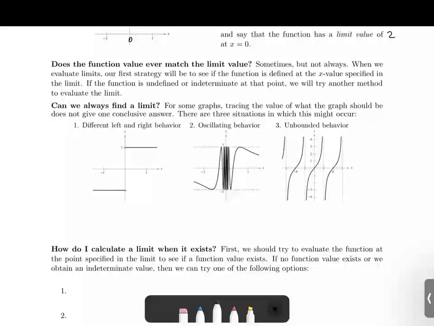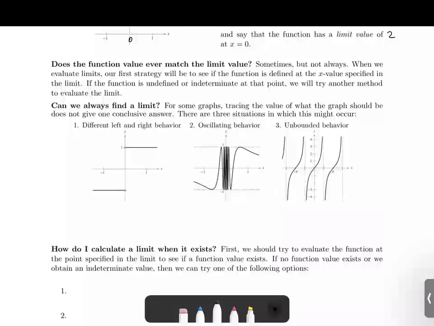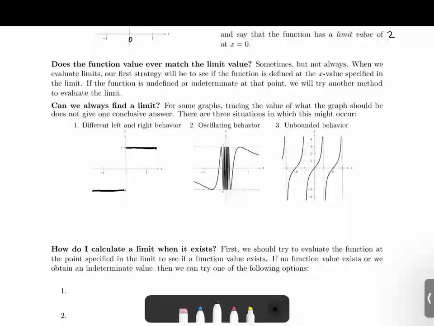The first one is different left and right behavior. If we trace this first graph from the left, going closer to 0, we should be at the point -1. And if we're tracing what happens after 0, that graph is a straight horizontal line at 1. So from the left, we expect -1, right?